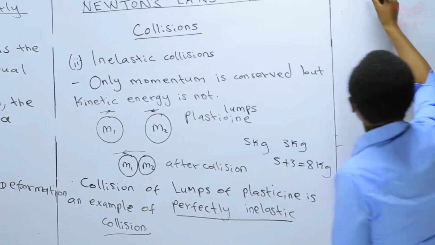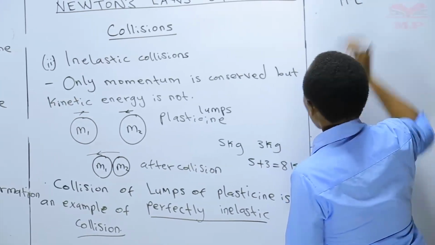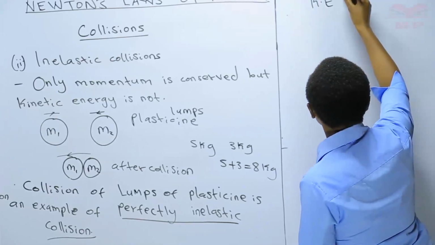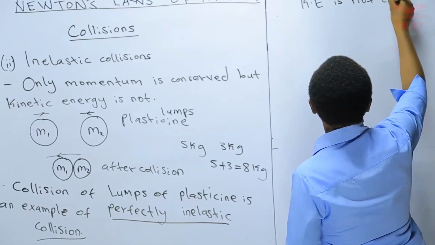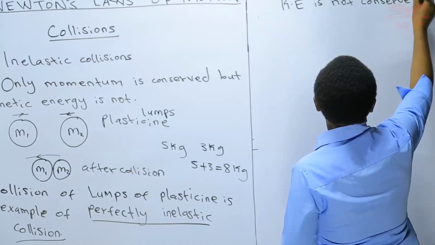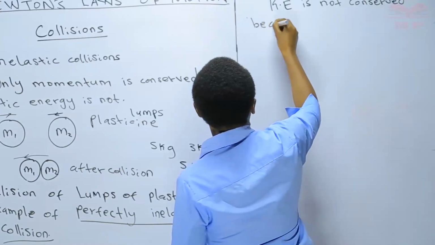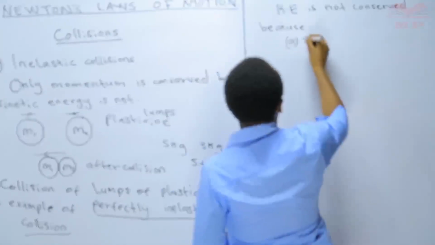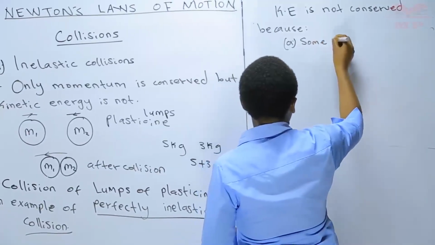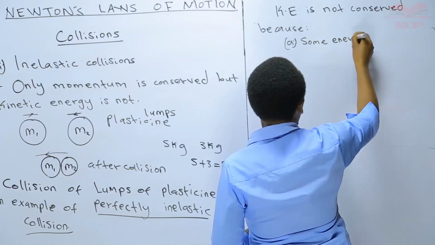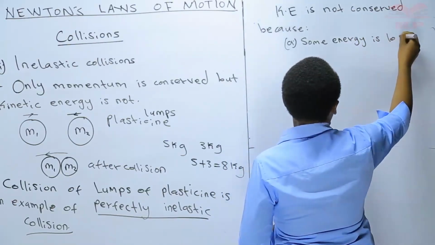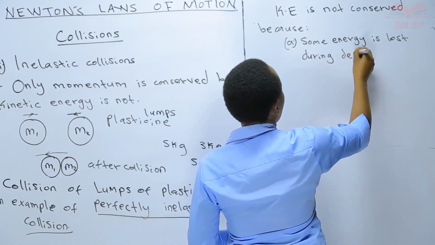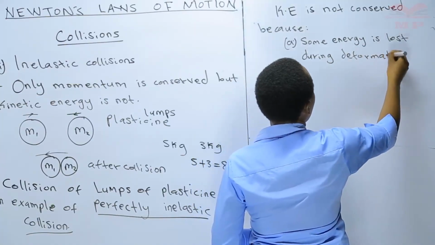So we are saying in this kind of collision, the perfectly inelastic collision, kinetic energy is not conserved because, number one, some energy is lost during the deformation of the bodies.